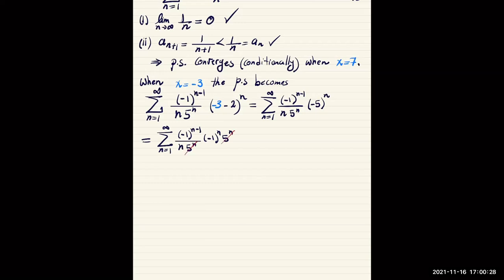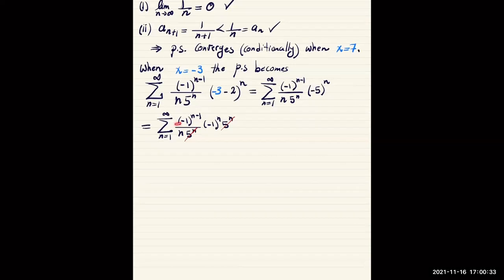Now you have to combine these factors. If you add the exponents, I'm just going to do it on the side. I don't want to keep rewriting the summation notation, but -1 to the n minus 1 times -1 to the n is the same as -1 to the power of 2n minus 1. Add the exponents.